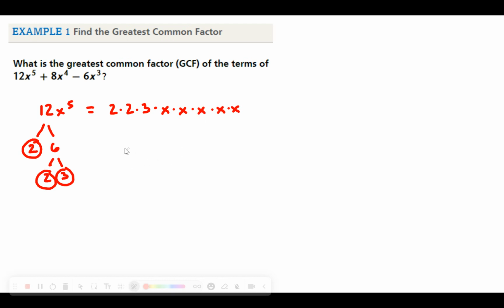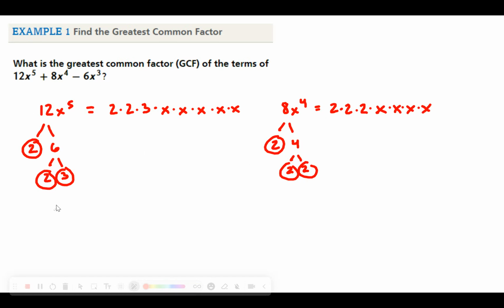Next, let's go over here. Let's do 8x to the fourth. Let's break the 8 down. 8 divided by 2 is 4, 4 divided by 2 is 2. So 2, 2, and 2 are its prime numbers: 2 times 2 times 2, and then those 4 x's multiplied together.